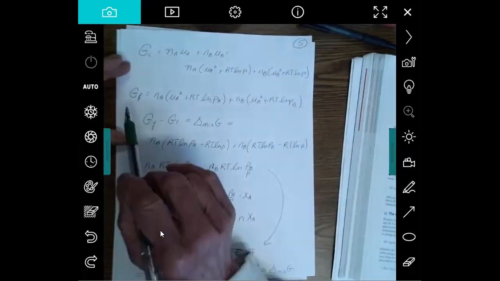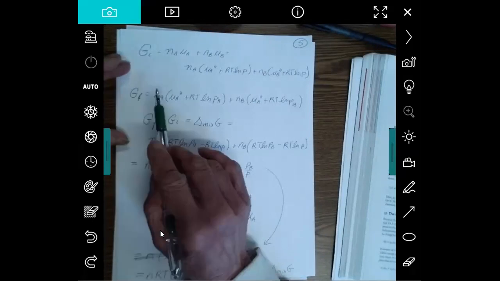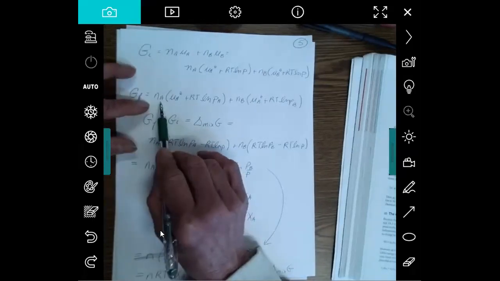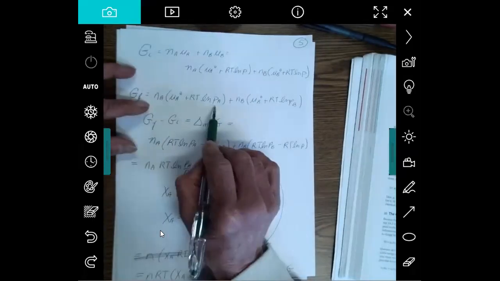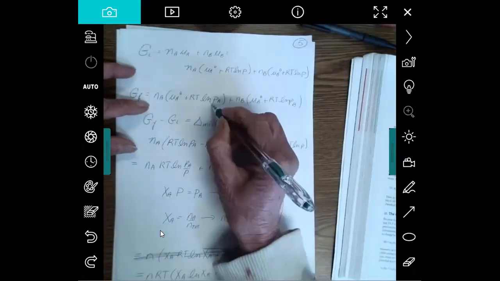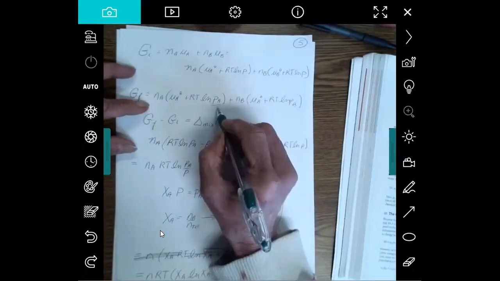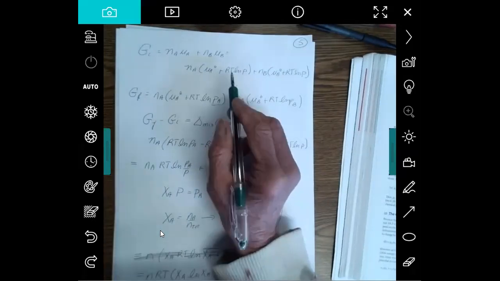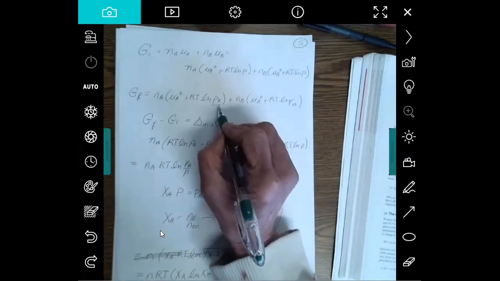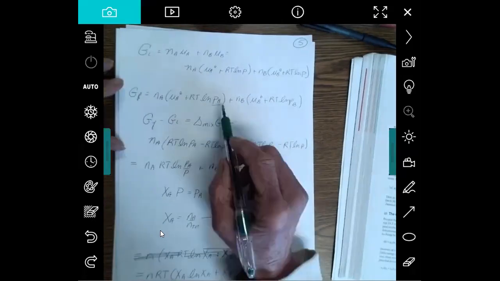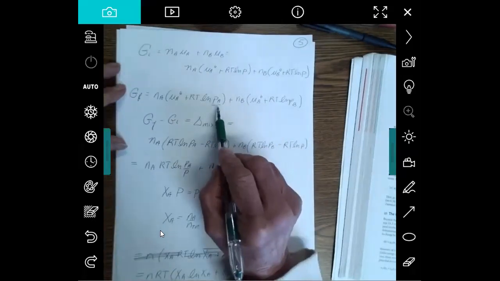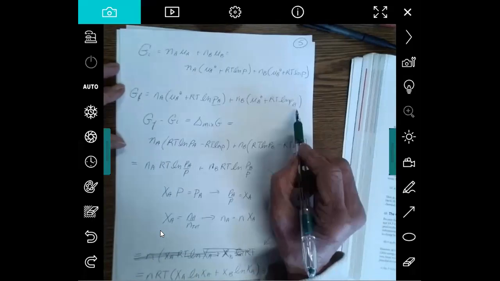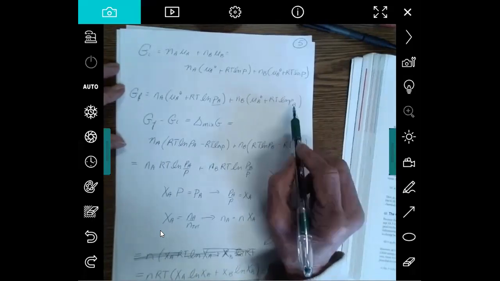After we've mixed them, the final Gibbs free energy is going to be the number of moles of A times its new chemical potential, and its new chemical potential is a function of its partial pressure. When the total pressure is the same as you started, each individual gas has a partial pressure that's going to be lower. So partial pressure of A, and over here, same thing for the partial pressure of B.